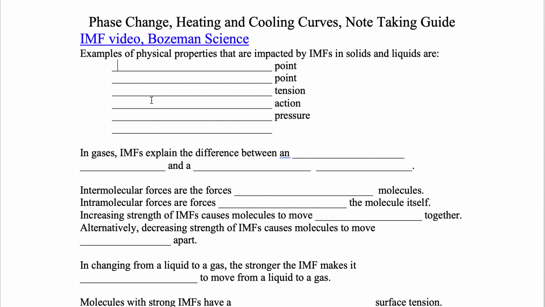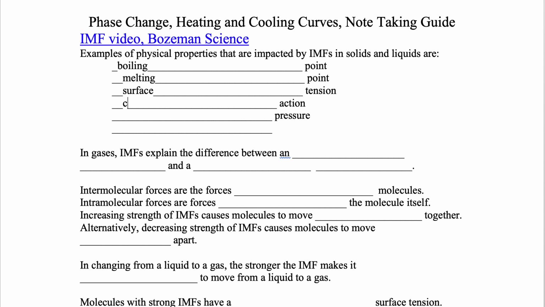So during the video, and as we have mentioned before, some examples of physical properties that are impacted by IMFs are boiling point, melting point, surface tension. Oops, I already had tension over there. This one's one that I don't typically list, although it certainly meets the criteria.